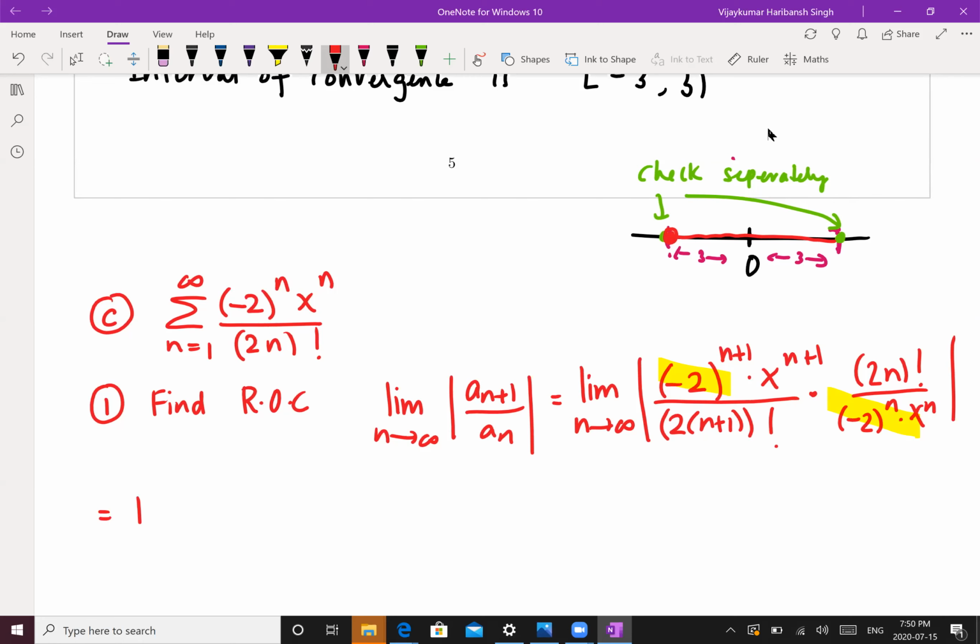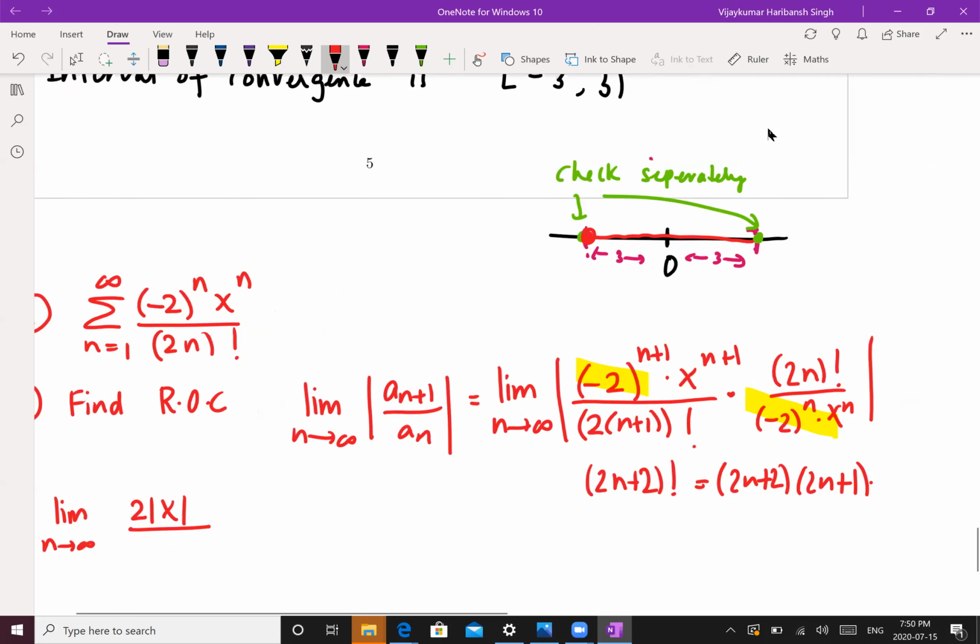So limit as n goes to infinity of 2 absolute value of x divided by, here you have 2n factorial, you have 2n plus 2. So 2n plus 2 factorial is the same as 2n plus 2 times 2n plus 1 times 2n factorial.